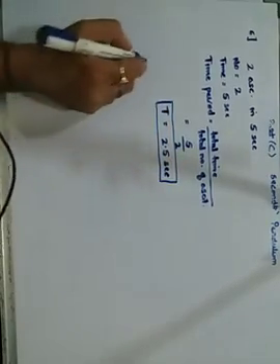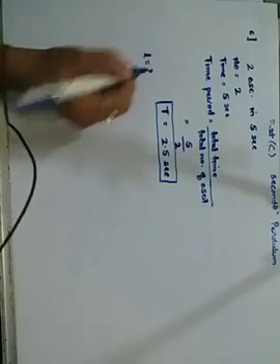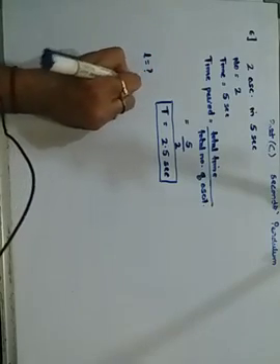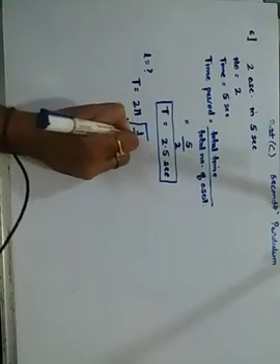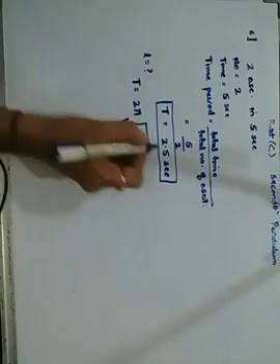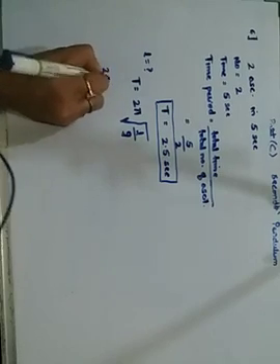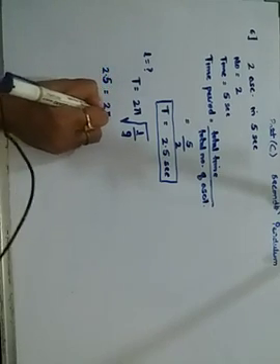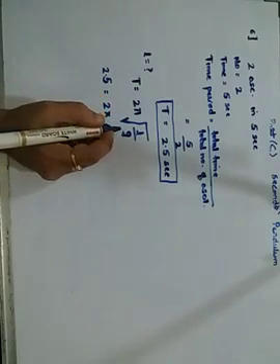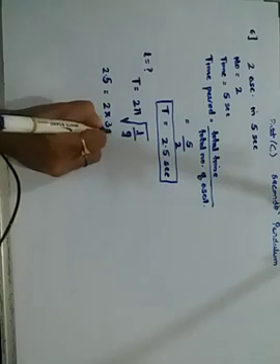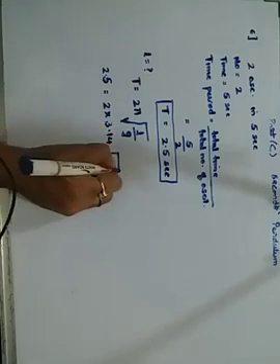Then we also want to find the length. Length is equal to how much? We have the formula again, T is equal to 2 pi root of L upon g. Time period is this 2.5. 2 will remain as it is, into the value of pi, again we are going to use 3.14, with root of L upon g.